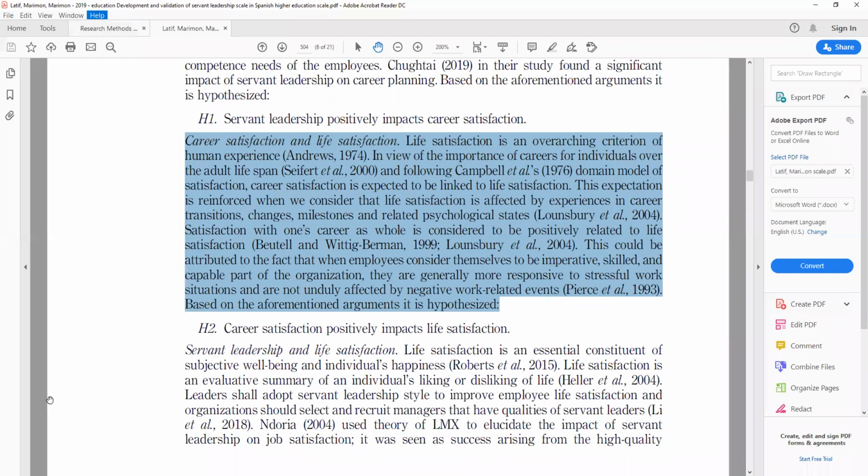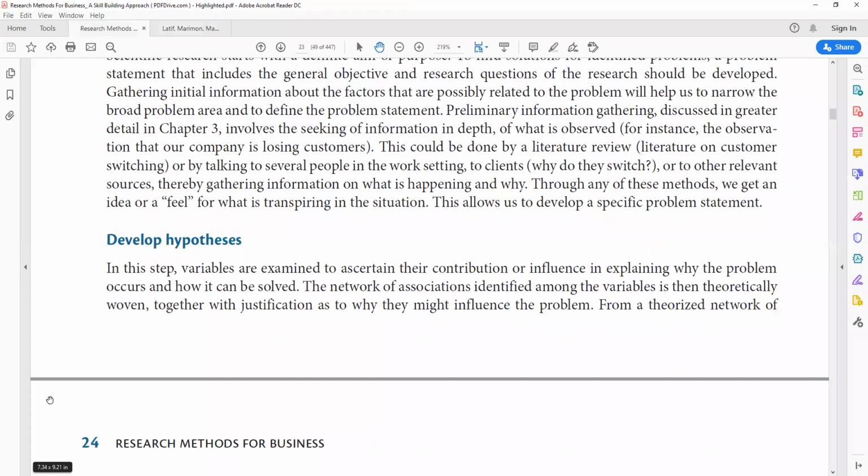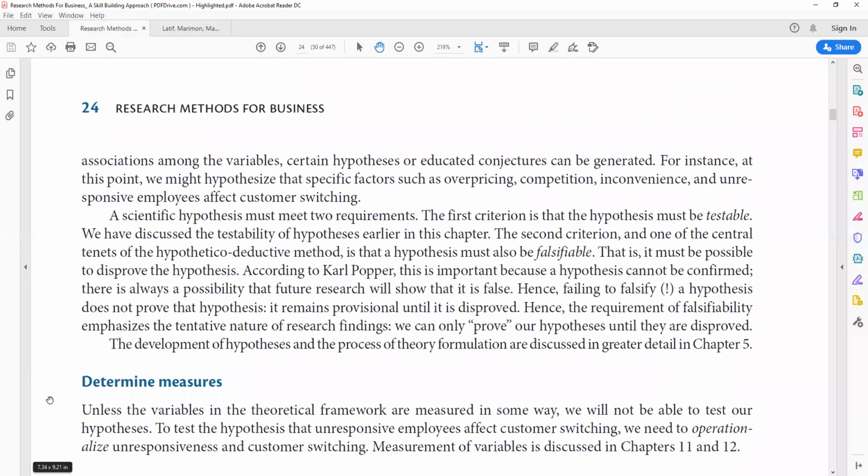So the next step is, once you have developed your hypothesis, how do you measure your variables? Because in order to test your hypothesis, you need to measure your variables. For example, what do you mean by measuring? Let's say I say that Mr. A weighs higher than Mr. B. Now, how would you make sure that this is true?